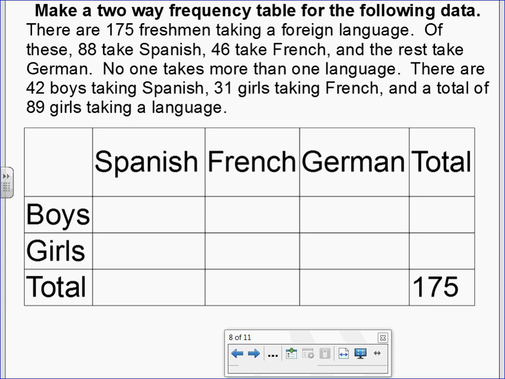Of these, 88 take Spanish. Where do you think we should throw that 88 number? Yeah? Perfect. The bottom total in the Spanish column. 46 take French. Same place, except this is the French total. And the rest take German. Let's go ahead and calculate out that number. You know how to calculate it out?